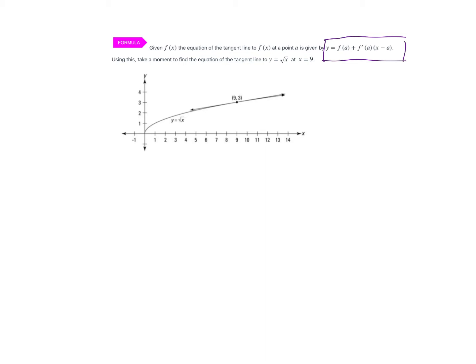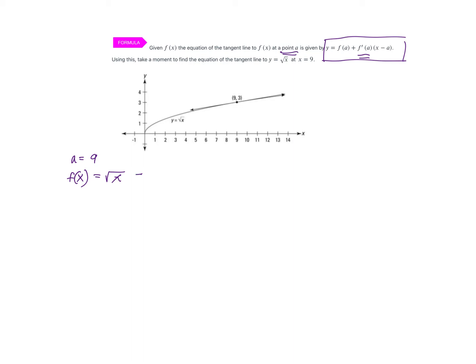And so our a value in this case is 9. We're going to find the equation of the tangent line at point a, which in this case is 9. So a equals 9. Our f of x is the square root of x. And since we're going to need f prime of a, I'm going to go ahead and find f prime of x right away.